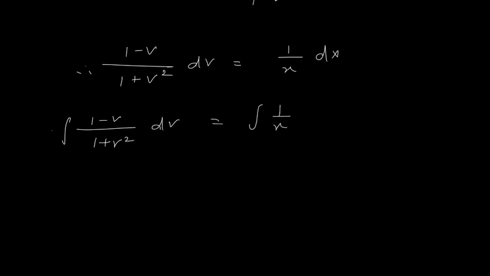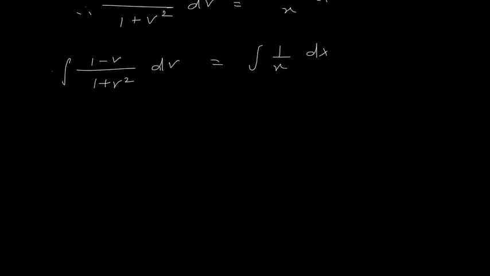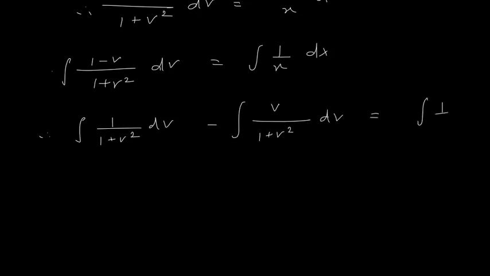After integration, let us simplify. So 1 minus v upon 1 plus v square, we will separate it. You know how to integrate. So this is integration of 1 upon 1 plus v square dv minus v upon 1 plus v square dv, equal to integration of 1 upon x dx. I prefer to integrate on both the sides when both the sides are in their simple form.